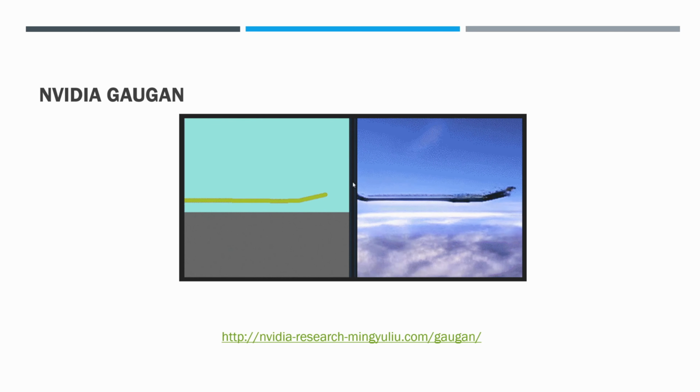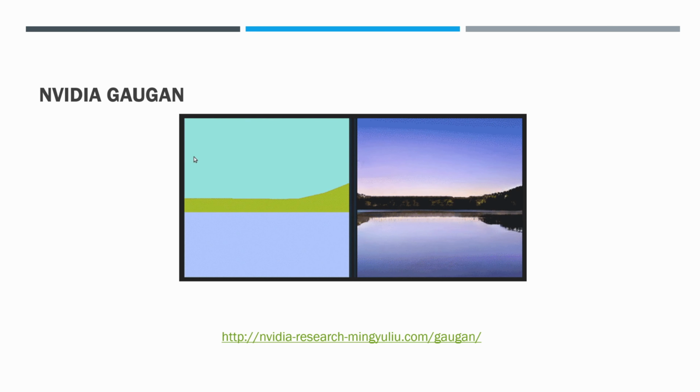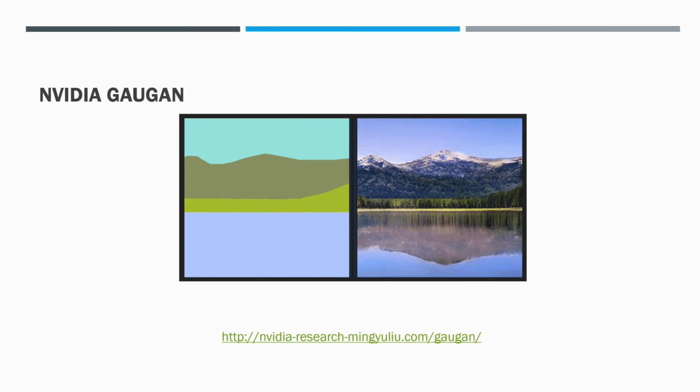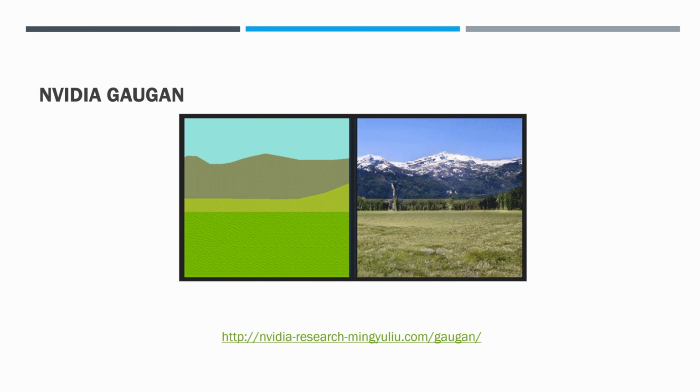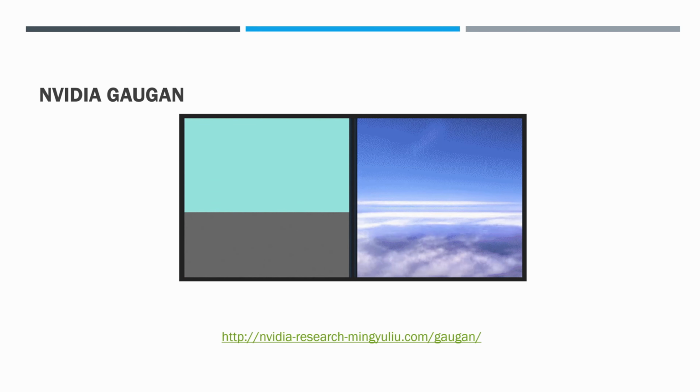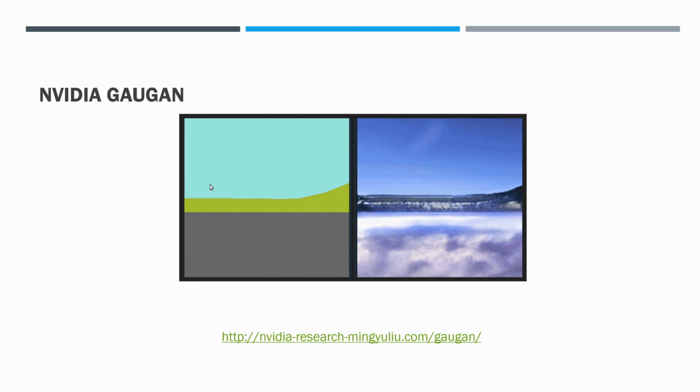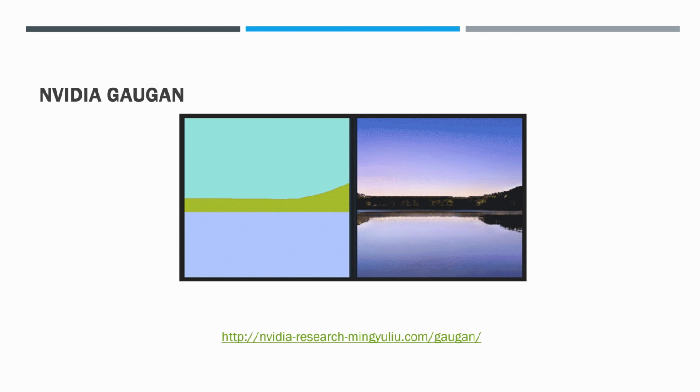And here's a pretty cool demo by, again, a project by NVIDIA. It's called the GauGAN model. It allows you to create realistic looking photographs or artwork just by giving a very rough outline of what you need.